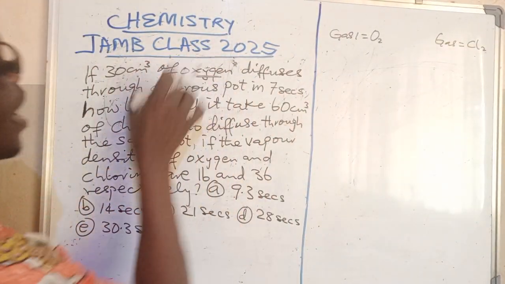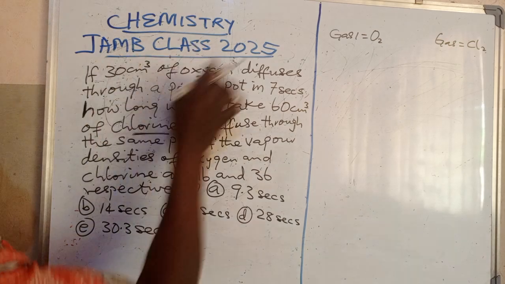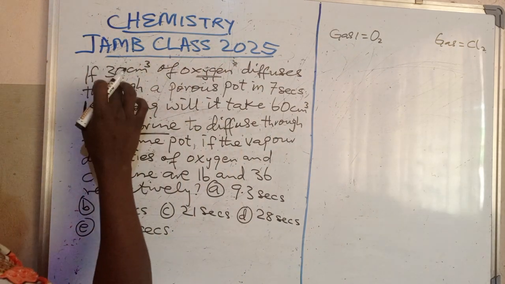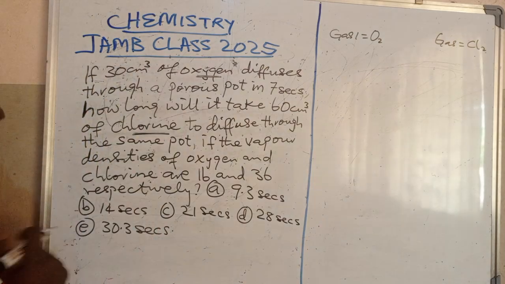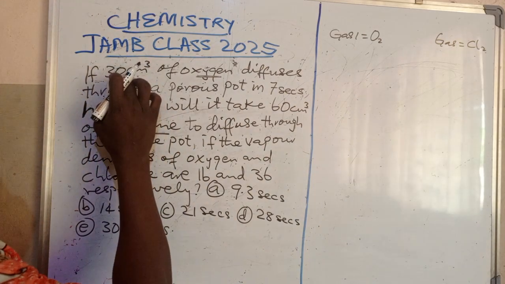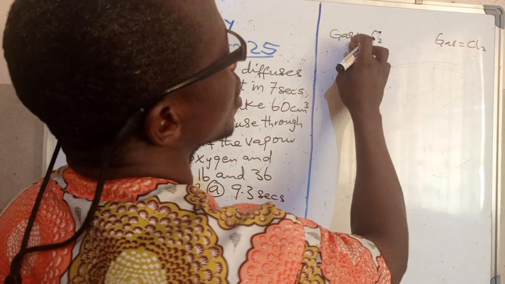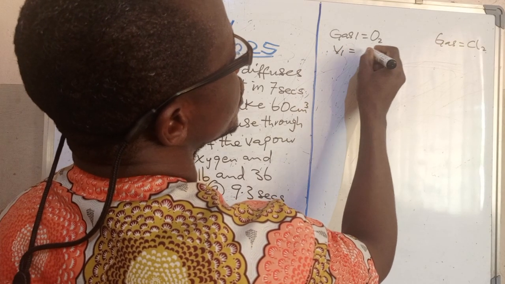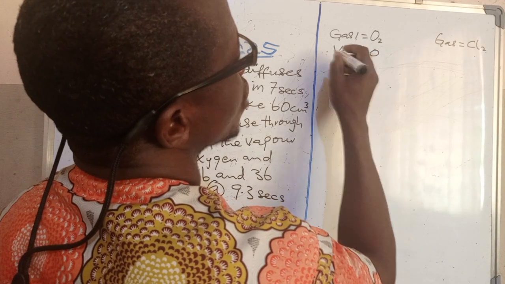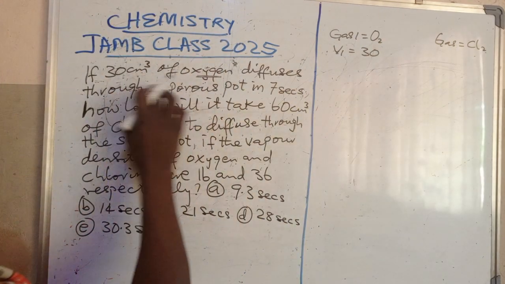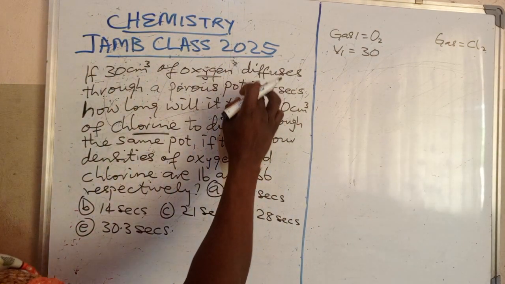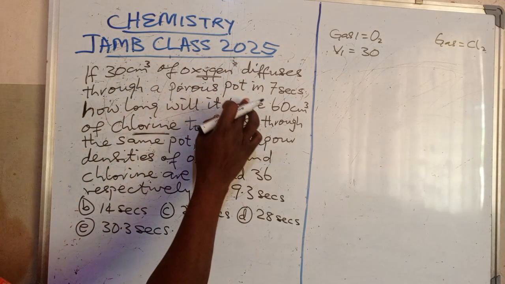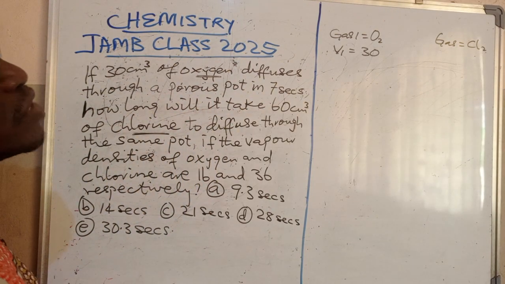Now, bring out their parameters, whatever they have, and bring them under each gas. The 30 cm cube of oxygen is the volume of oxygen, since it is gas 1, so V1 is 30. It diffuses through a porous pot in 7 seconds.